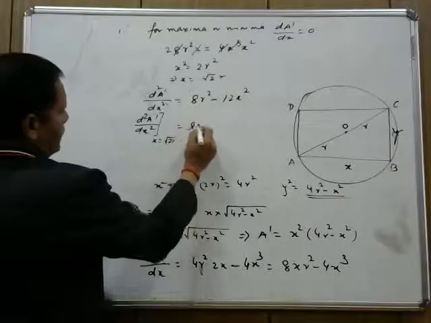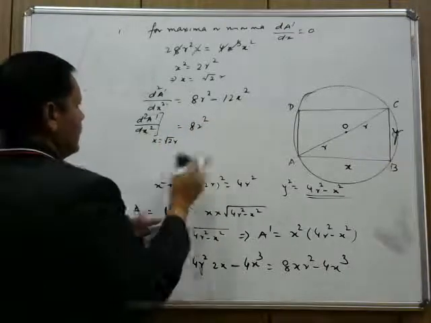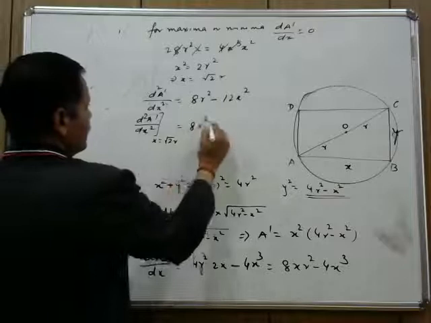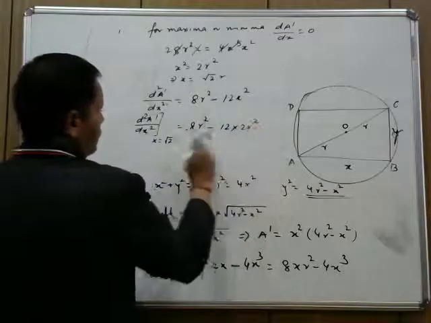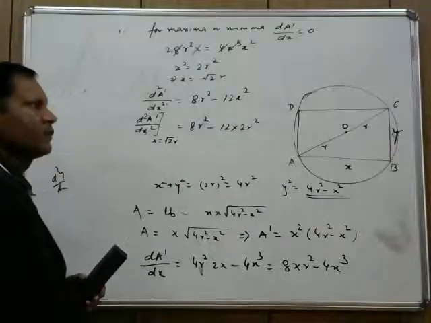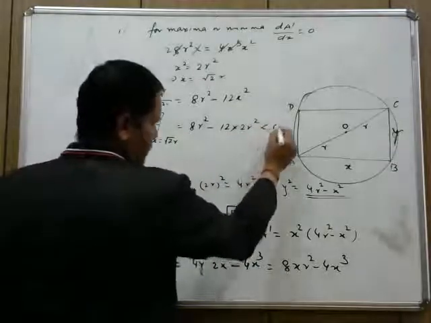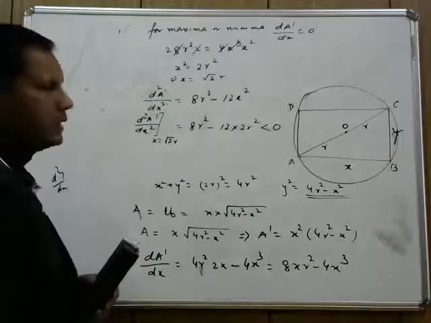We will get 8r square minus 12 into x square, which is 2r square. The 8r square minus 24r square, which is less than 0.